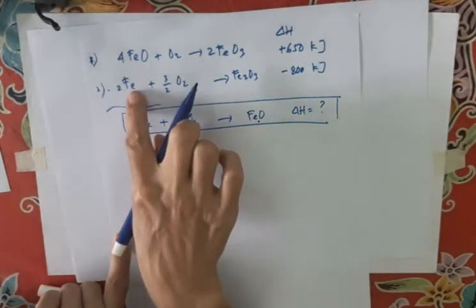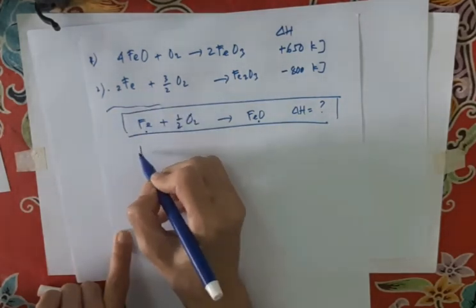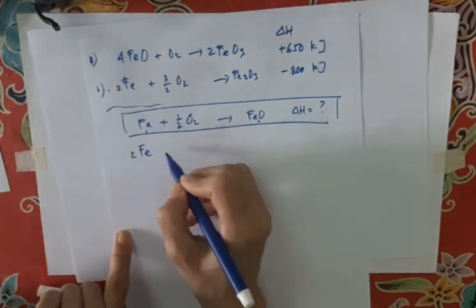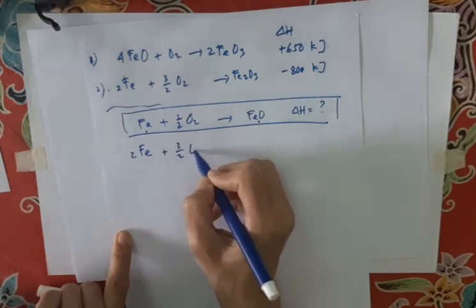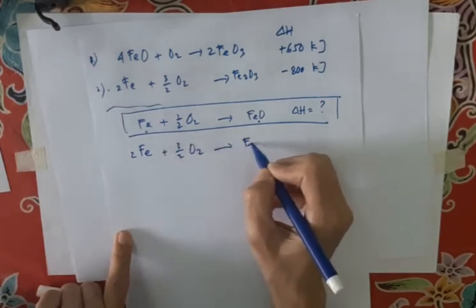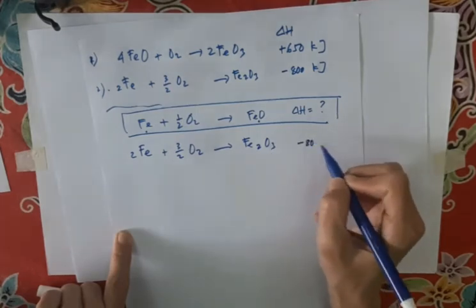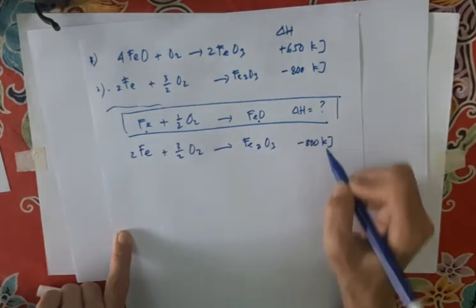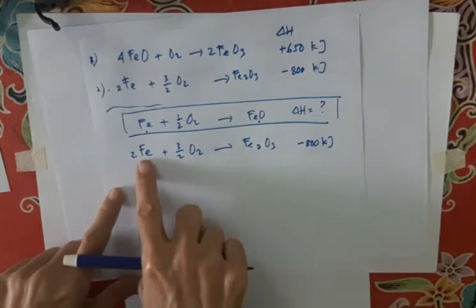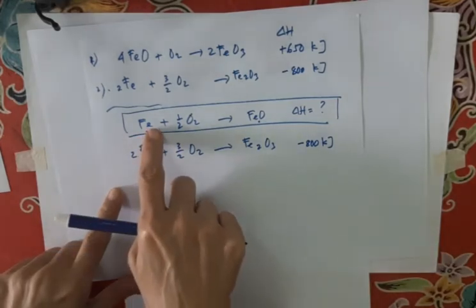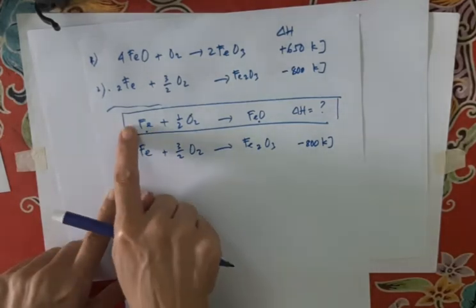Fe from the left side, so we have Fe plus O2, okay, but our focus says only 1, right?